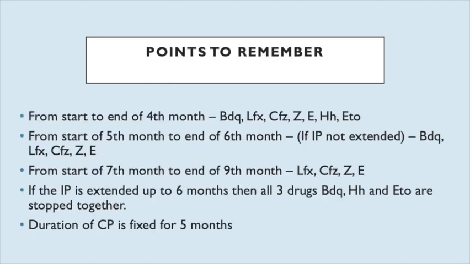Remember that when you're giving the shorter oral bedaquiline regimen, at the end of the 4th month, bedaquiline, levoflox, clofazimine, pyrazinamide, ethambutol, high dose INH and ethionamide are there. From the 5th to 6th month, if the IP is not extended because of culture positivity, then bedaquiline will continue.